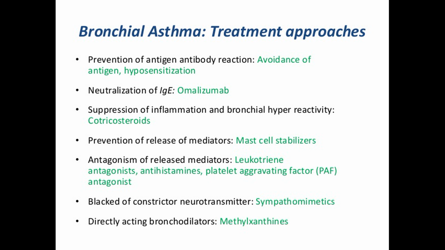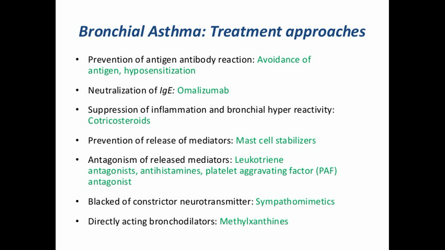The 2019 Global Initiative for Asthma, GINA, guidelines identify inhaled corticosteroids as the preferred controller medication of choice for children and adults. In general, patients should be assessed every 1 to 6 months for asthma control.